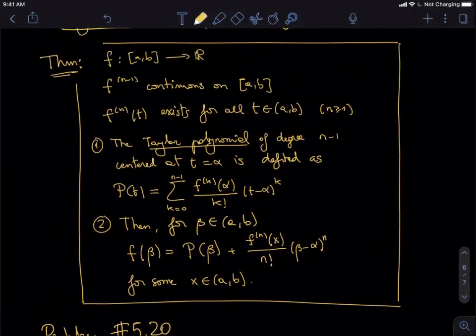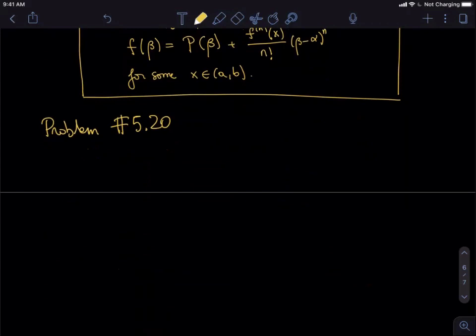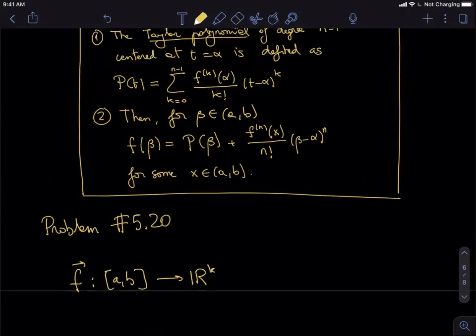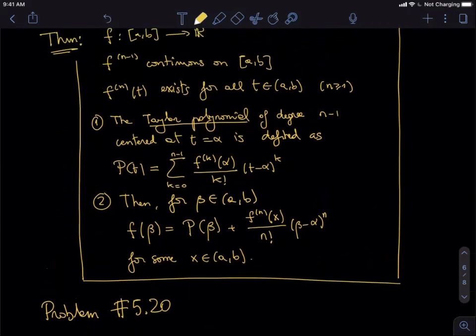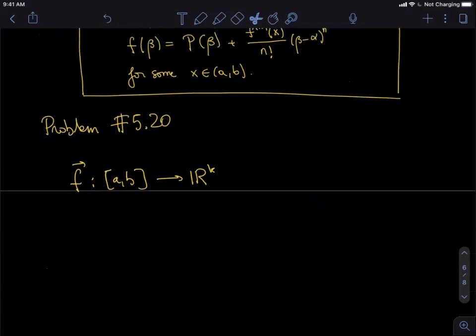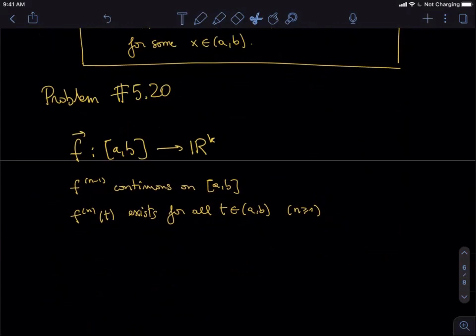So here we want a vector function f from [a, b] to R^k, and we want the function to satisfy precisely the same hypothesis: continuously differentiable n minus 1 times, and an nth derivative that exists for all t in the interior of the interval (a, b).